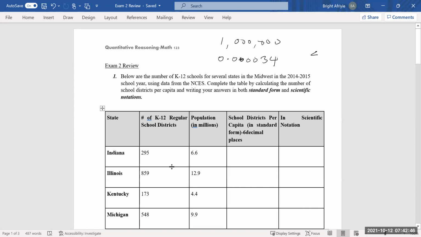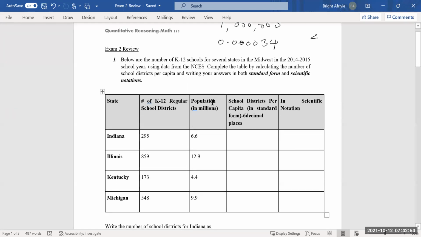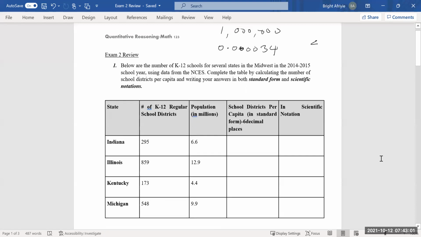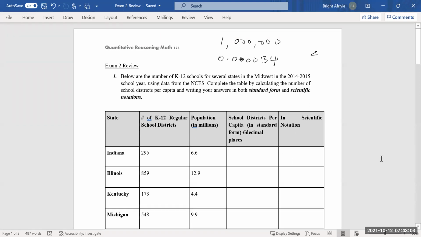So here on this table, we have the number of K-12 schools in Indiana, Illinois, Kentucky, and Michigan. Per capita means per person. So we are going to divide the number of K-12 schools in each state by the population.